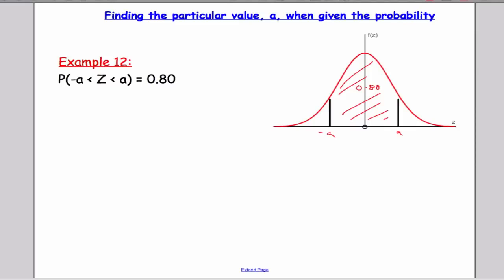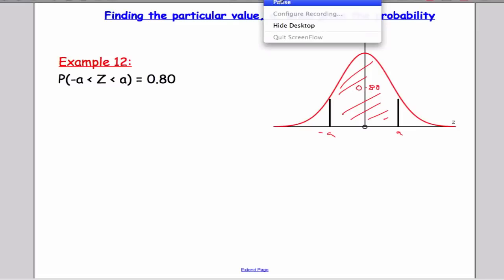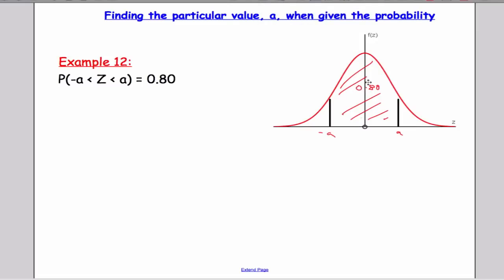And we're going to have to use the fact that, well, if that's 0.80, and it is symmetric about 0, that means that I know this blue area, which I'll shade in here, must be 0.4. So that's 0.4 inside there. And then what I can do is I can actually remove the fact that we have negative a.